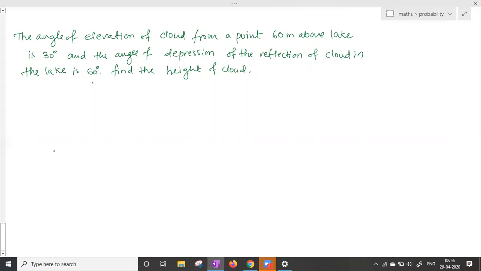Others who could solve. Rose, have you tried? Yes, ma'am, I've tried. Should I send it to you? Yes, send me. Whoever has completed, send me.